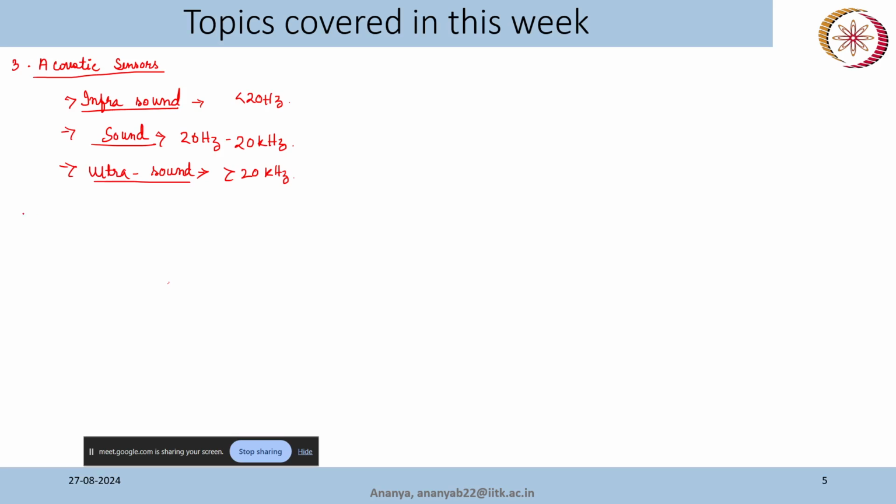Okay. Now, what are the advantages of these sensors? As I mentioned, they can detect objects in an environment with low visibility.